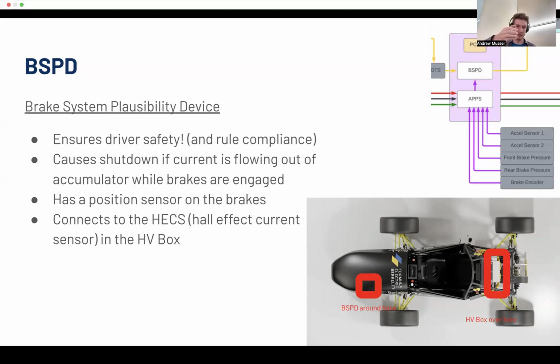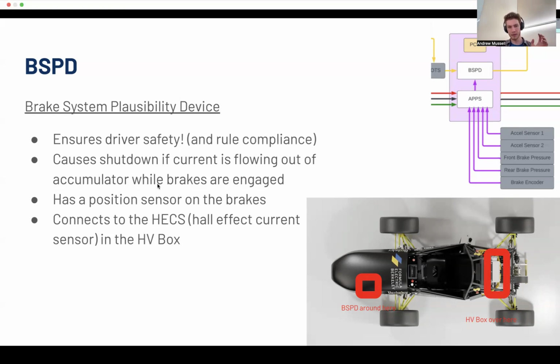So the motor's trying to spin and the brakes are stopping it from spinning. They're working against each other. That shouldn't be happening, first of all, and second of all, something's going to eventually break if this condition persists. So it's safest to activate the shutdown circuit, turn off high voltage, and reduce the risk.